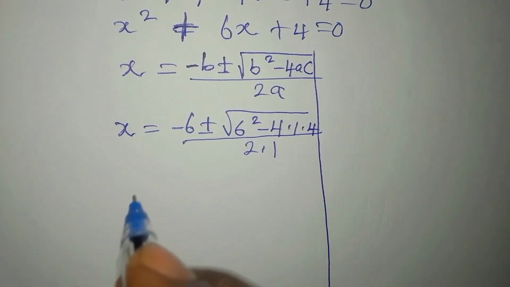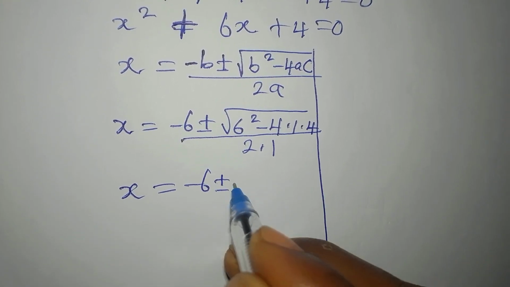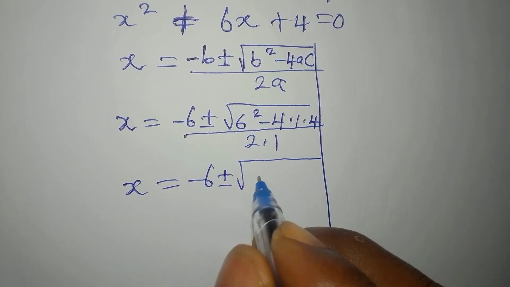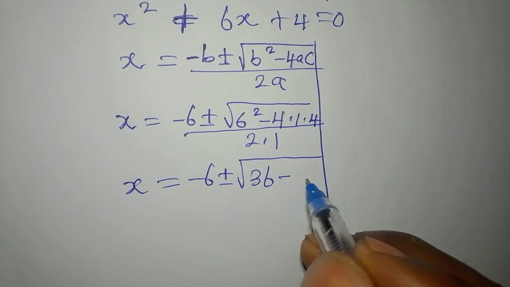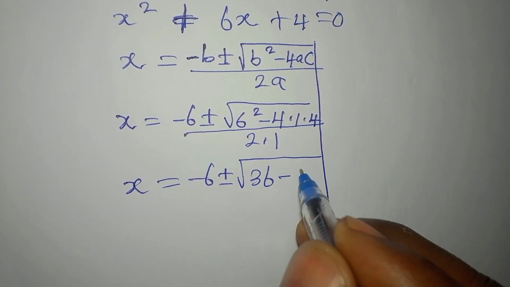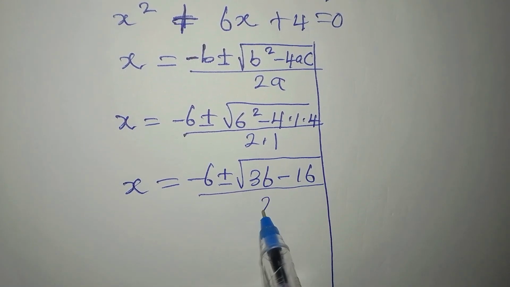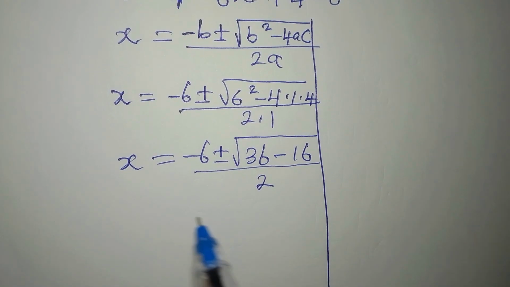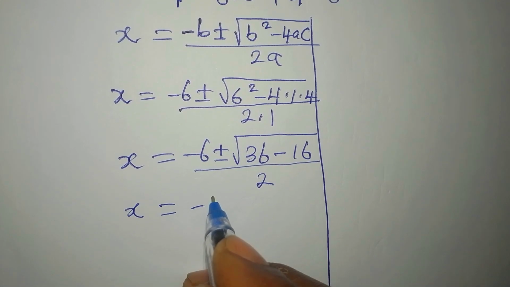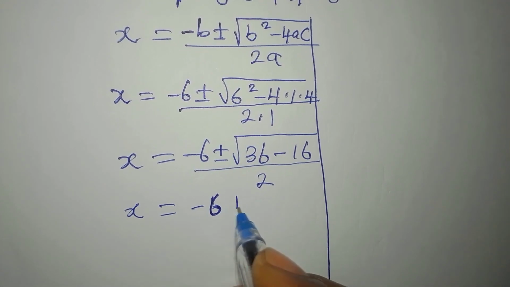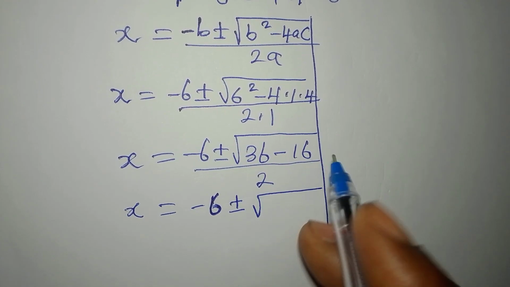So x is now minus 6 plus or minus, then 6 squared is 36 minus 4 times 1 times 4, which is 16, and then we divide this by 2. To go ahead, x will be equal to minus 6 plus or minus 36 minus 16, which is 20.